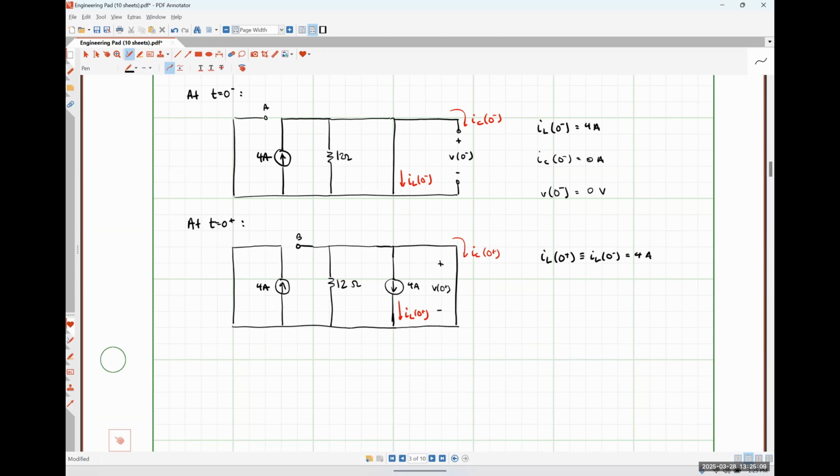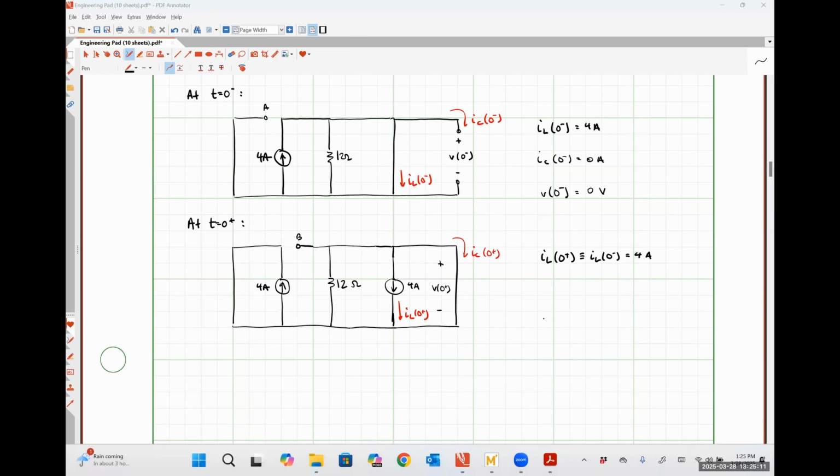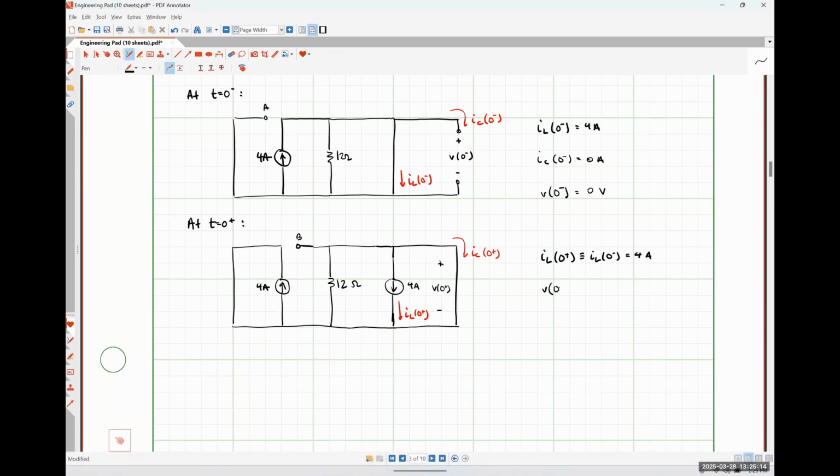We also know that V at 0 plus must be equal to V at 0 minus, which is 0 volts, because the voltage drop across a capacitor cannot change abruptly. And that's where that short circuit replacing my capacitor came from. So the only thing that we really need to find then is IC at 0 plus.